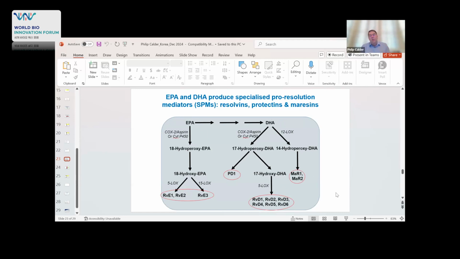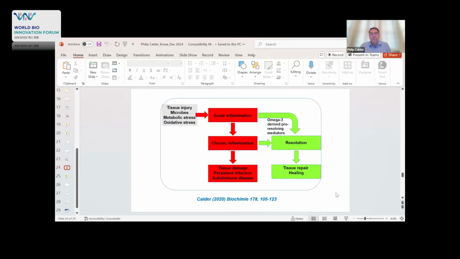So specialized pro-resolving mediators are produced from omega-3 fatty acids. So the idea is the trigger induces acute inflammation, and physiologically that resolves, and part of the resolution pathway involves the production of omega-3 derived specialized pro-resolving mediators.